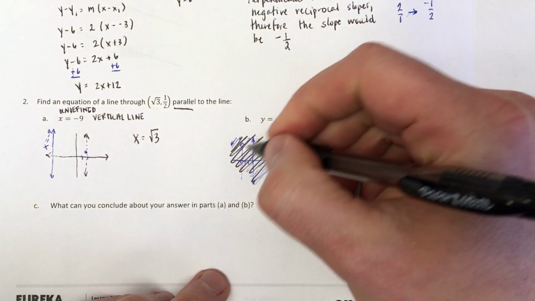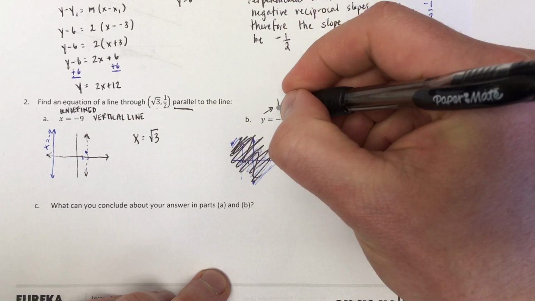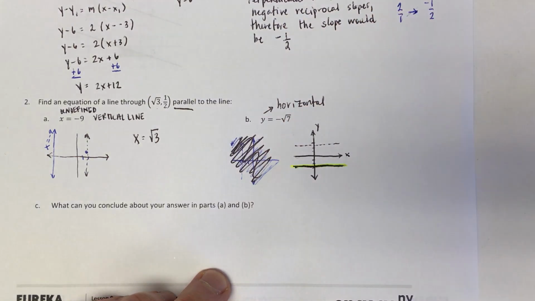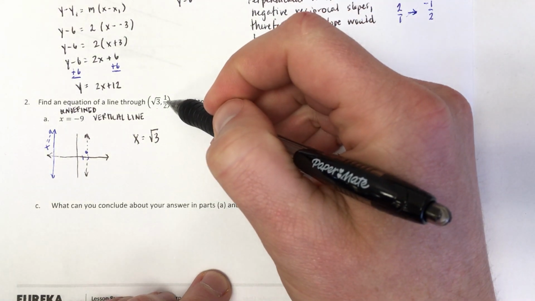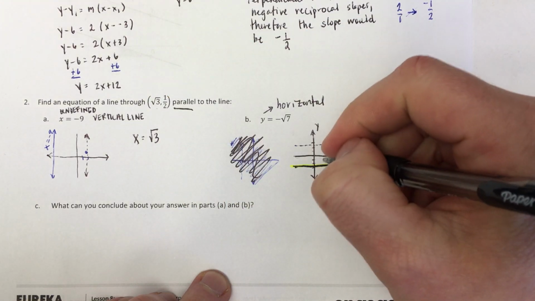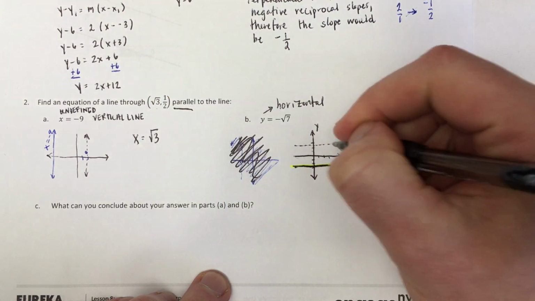Okay, so I would label this y, horizontal line. If I want to stay parallel to that, I also have to have a horizontal line. I want that horizontal line between square root 3 and negative r and 1/2.